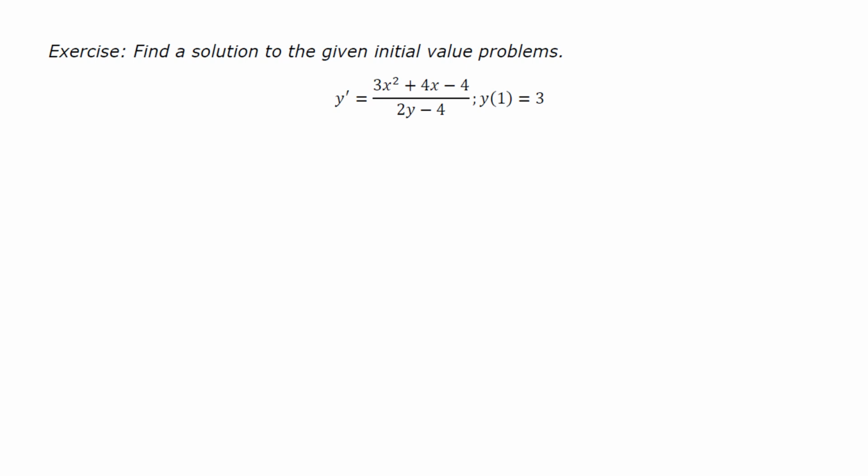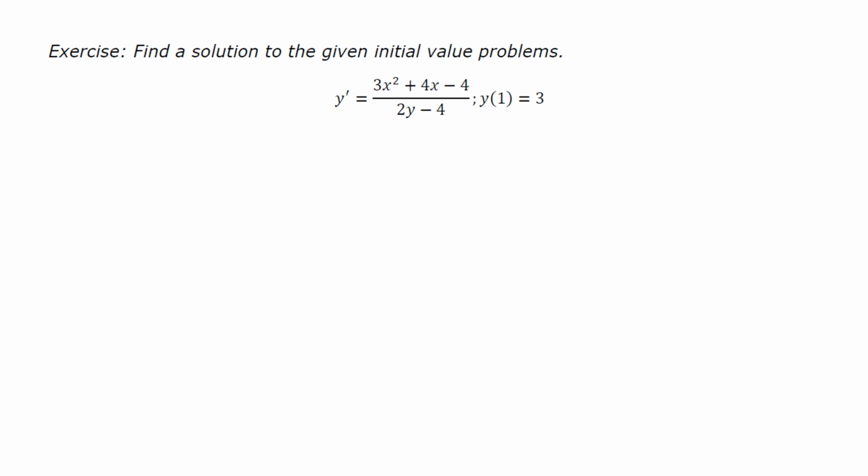So in this problem here, we have the DE y prime equals 3x squared plus 4x minus 4 over 2y minus 4 with initial condition y of 1 equals 3. Okay, so this is very similar to all of the others. We're still going to do all of the steps, except for now that we have an initial condition, we can find C. So let's first write our equation in separable form and then move our variables until one variable is contained on one side and the other variable is contained on the other side.